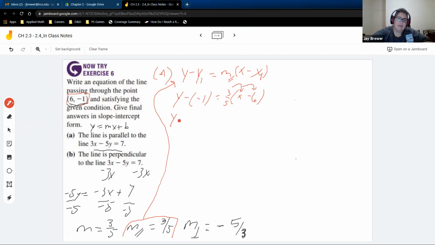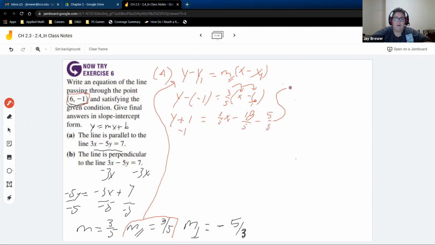So a negative negative gives us positive, so y plus 1 equals 3/5 x. Remember, we're just going to multiply the tops and the bottoms, so minus 18 over 5. Remember, we just recalled that we can do minus 1, and that's the same as minus 5 over 5.